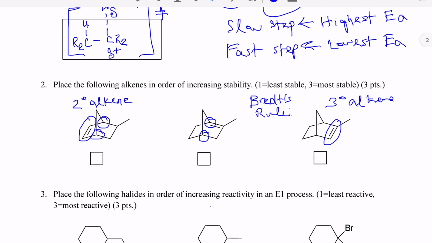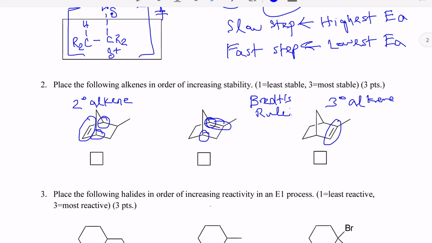And from looking at the structure, we know that there is definitely less than 8. It's a 6 carbon ring. What this tells us is that Bredt's rule applies here. So having a double bond at this point is very energetically unfavorable according to Bredt's rule.